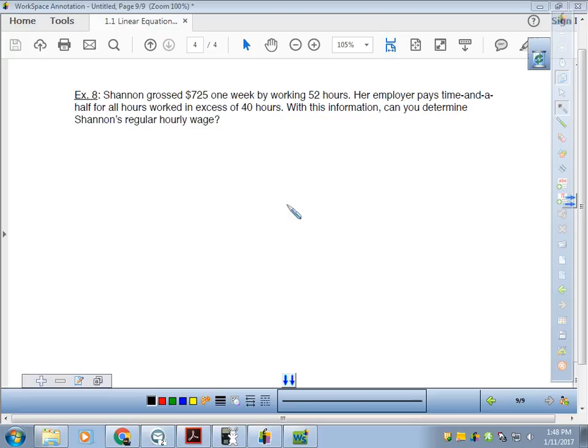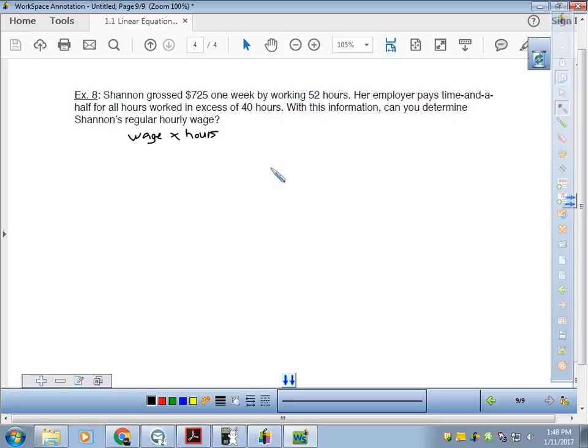Okay. So one way to think of this is when you make money at a part-time job, they take your wage and they multiply it by your hours. So, if you make $5 per hour and you work for 6 hours, they take 5 times 6 and say, okay, you made $30.